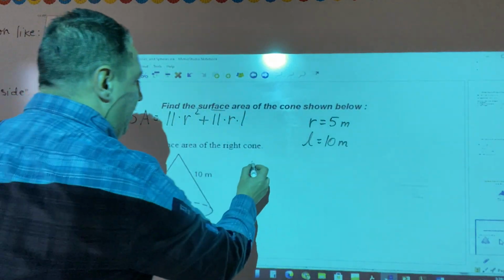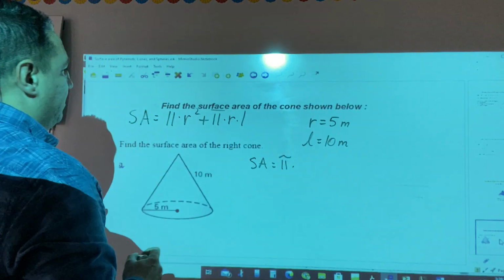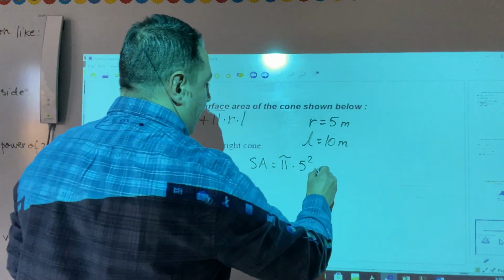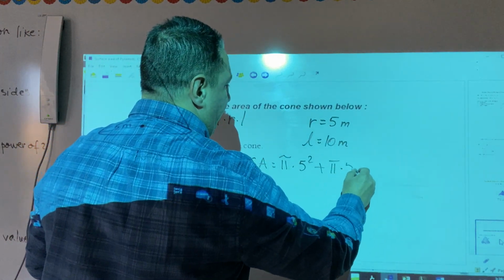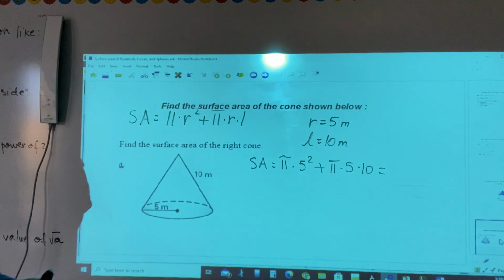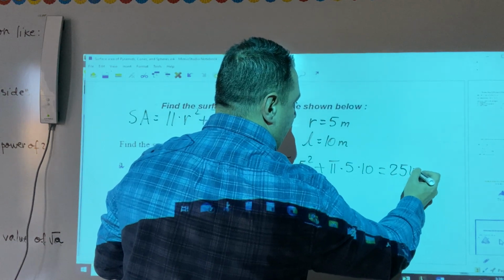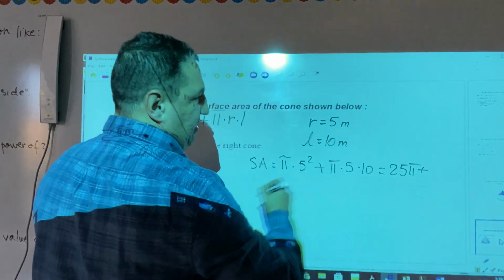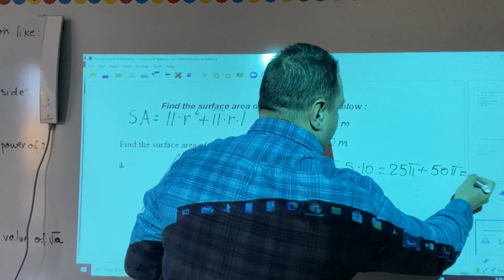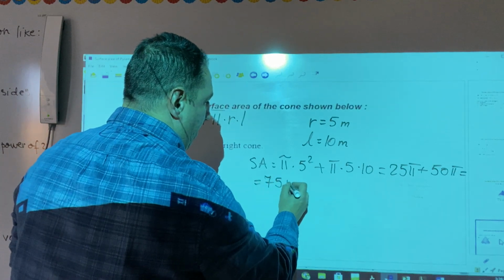So we plug in, surface area will be pi times r is 5, we square 5, plus pi times 5 times 10. Right? So 5 squared is 25 pi, plus 5 times 10 is 50, 50 pi. If you add these numbers, you're going to have 75 pi.